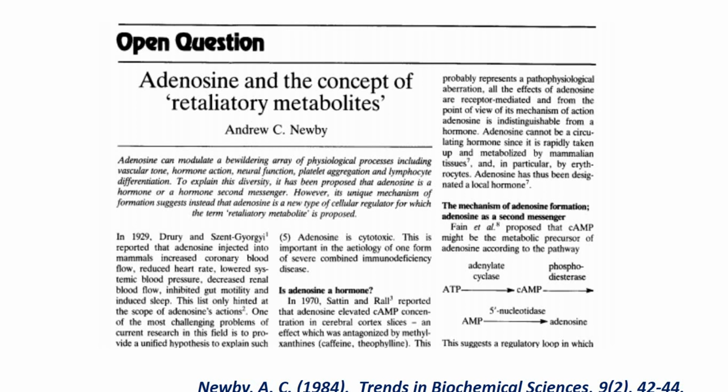You can see the research paper deals with some of the popular biochemical steps, because in the 1970s Sattin and Rall reported adenosine elevated cyclic AMP concentration in cerebral cortex slices. That is how adenosine can modulate a wide array of physiological processes, including our today's topic, that is epilepsy.